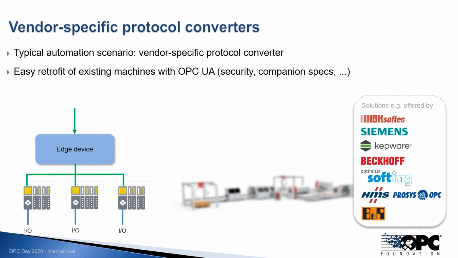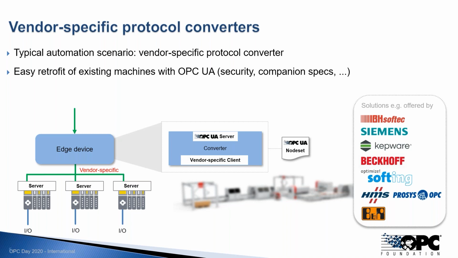Because if we are looking at the capabilities here, there are of course converters existing which are able to load a node set, so a companion specification syntax file, let's say, which is describing the machine in a uniform and interoperable way. Still, we are talking to the lower end with a vendor-specific format.